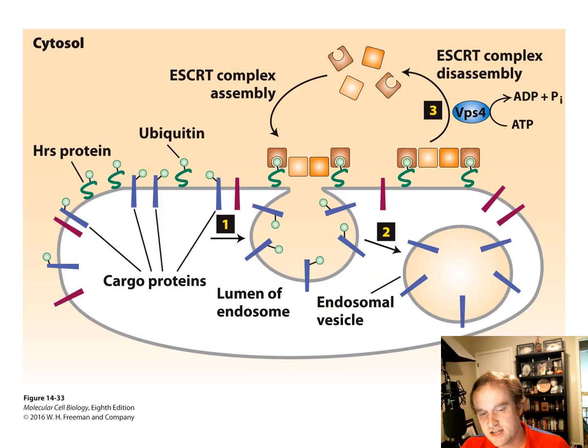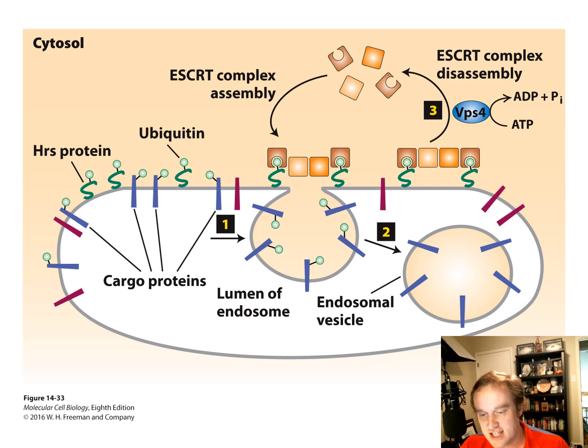So how do these multivesicular endosomes form? As we talked about in a previous lecture, proteins that need to be broken down during stress, or if they're damaged in any way, get targeted and tagged with ubiquitin, and this is the same for these transmembrane proteins.